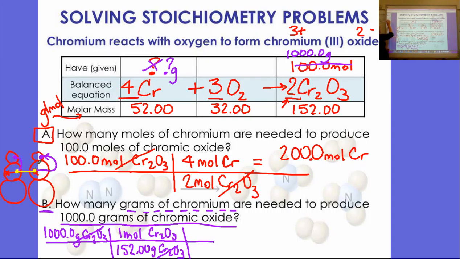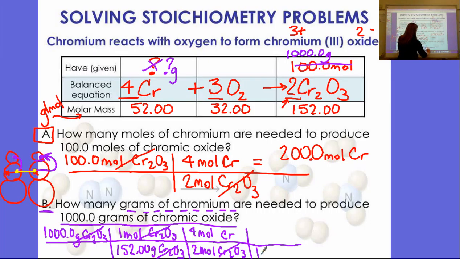Converting moles to moles, I need a mole ratio. My same ratio from before. How do I know what goes on top? I have Cr2O3 on top, so I need again the 2 to 4 ratio, because Cr2O3, chromic oxide, has to cancel top and bottom. And now I'm in moles of chromium. That's my second step. I wanted to get to grams. Now I have to convert moles to grams again using the mass of chromium.